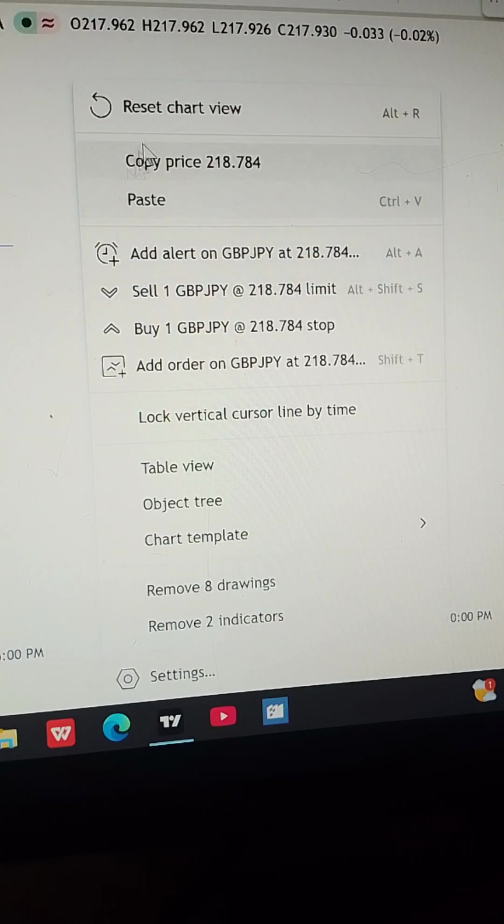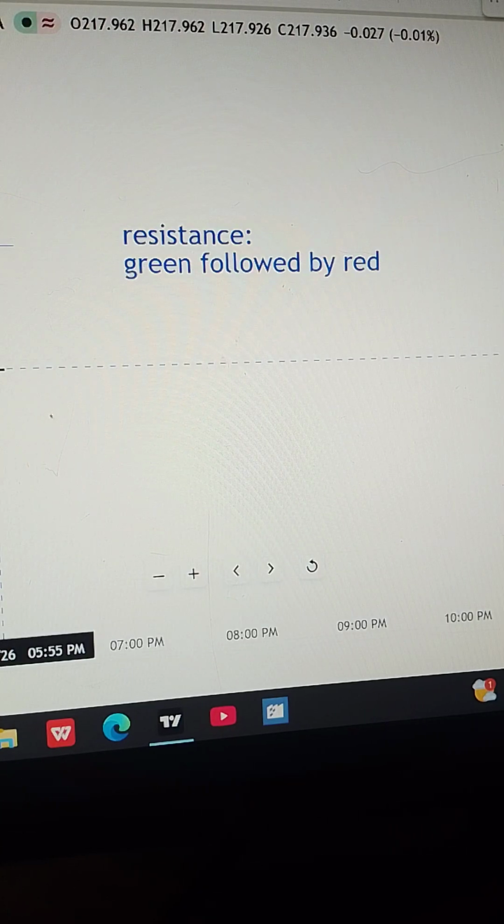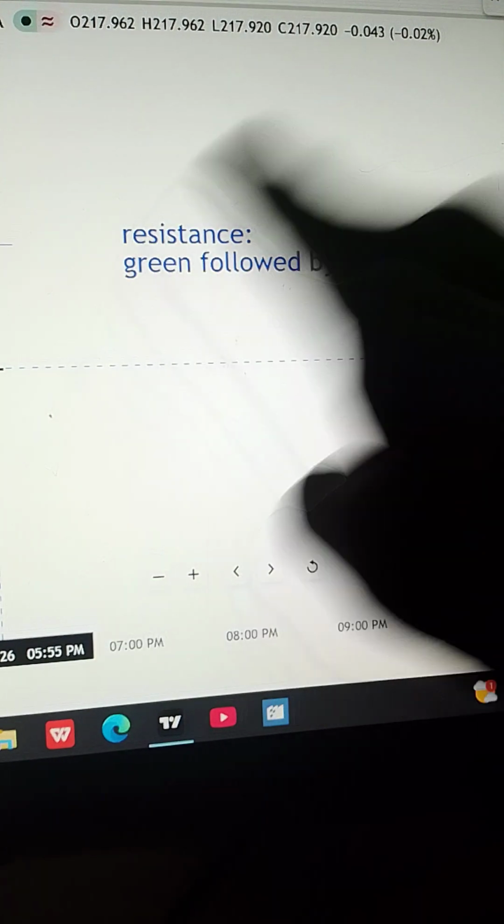So now you have understood about resistance and support. Support is created when a red candlestick is followed by a green candlestick. A red followed by green, that is a support. A resistance, green followed by red candlestick.